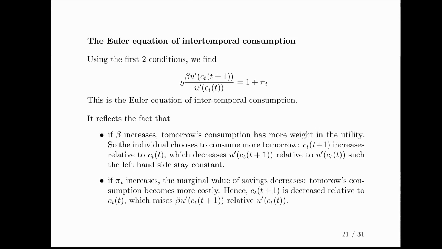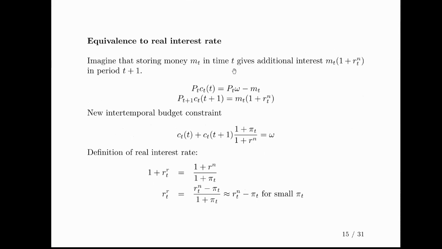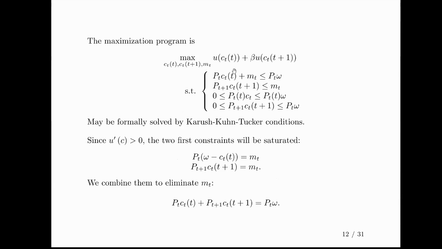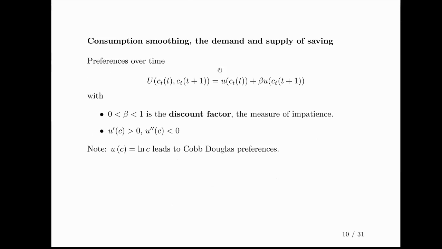So if beta increases, what does that mean? It means that I value the future more. Let me go back to my utility function. Here's my intertemporal utility function: it was u of Ct plus beta u of Ct+1, and we say beta is like 0.9.